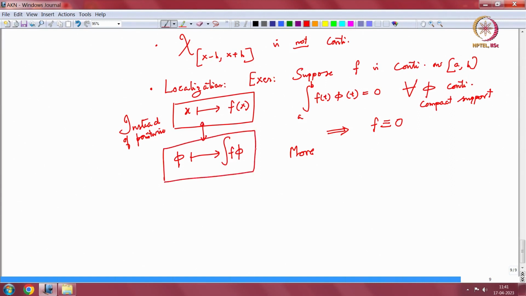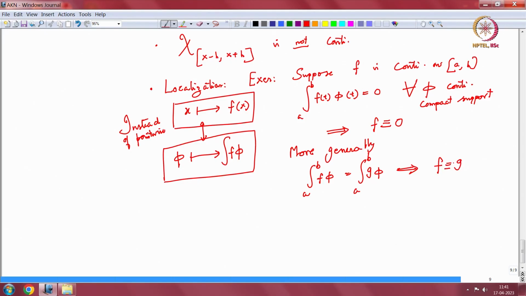So, more generally, integral from a to b of f phi equal to integral of g phi, where g is also continuous, implies f equals g almost everywhere.